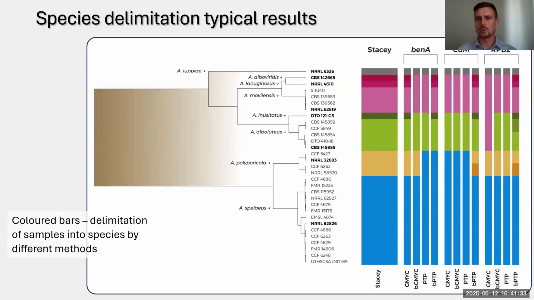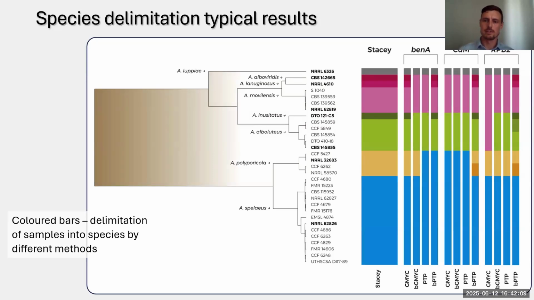On this slide, I just wanted to show you the typical representation of the results of this first part of the analysis. You can see the colored bars on the right. They are showing the results of these different analyses for different loci, and the different colors show the delimitation into separate species by each method.